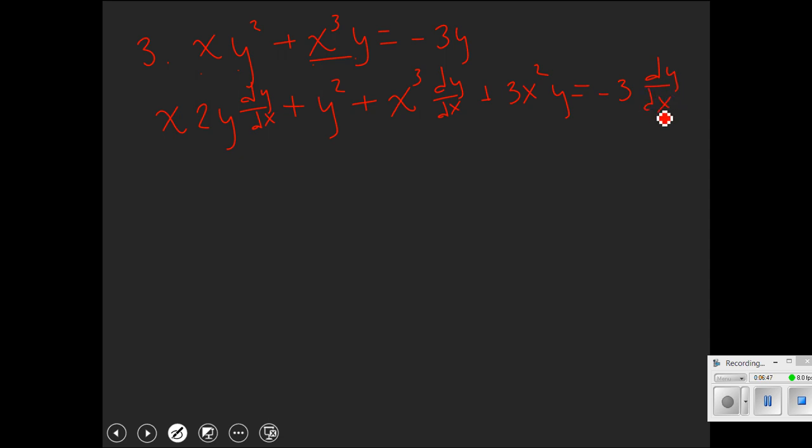Okay, so just for practice, let's go ahead and solve for dy/dx. The first thing I'm going to do is move all of the dy/dx's to one side, and everything else that's not related to the other side.